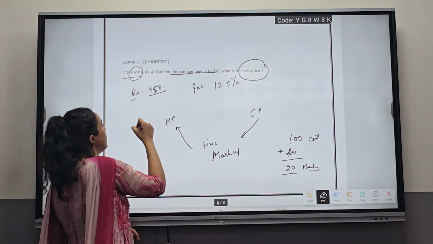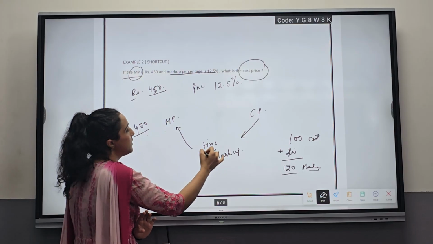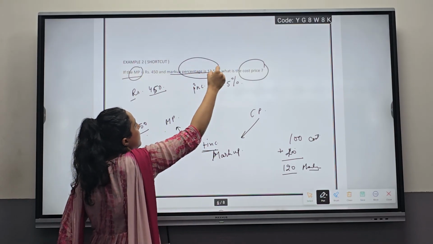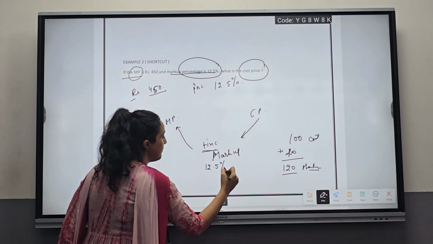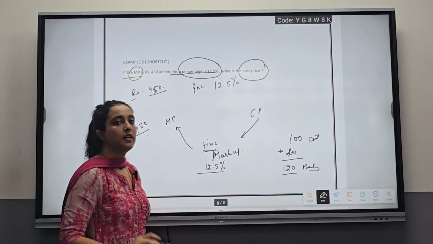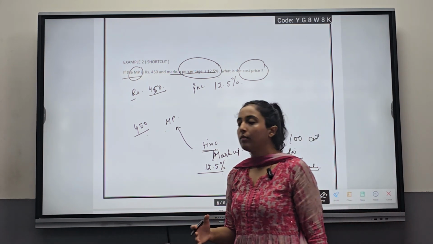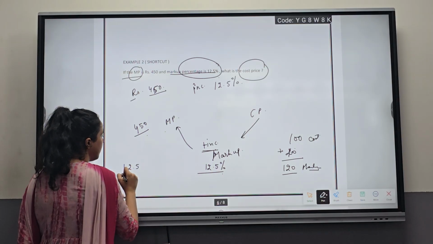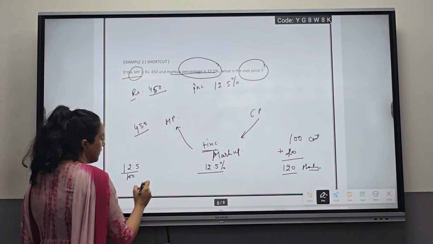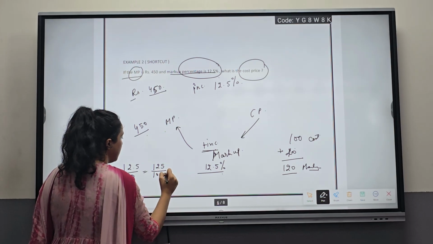Okay, marked price is 450. By what percentage did we increase it? Markup percentage is 12.5%. Okay, is this much clear? What is 12.5% in terms of fraction? 12.5% is 12.5 divided by 100. This means 125 divided by 1000.